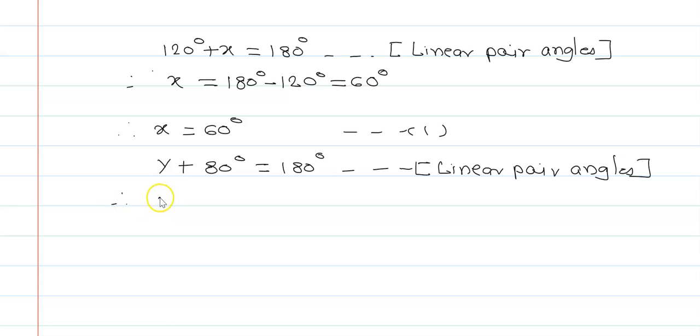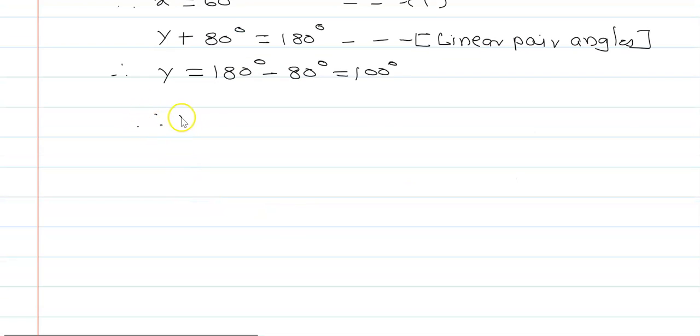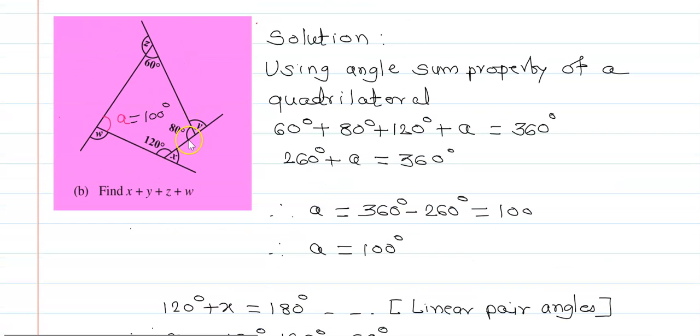Therefore y is equal to 180 degree minus 80 degree, that is equal to 100. Therefore y is equal to 100 degree. This is the second one, y.